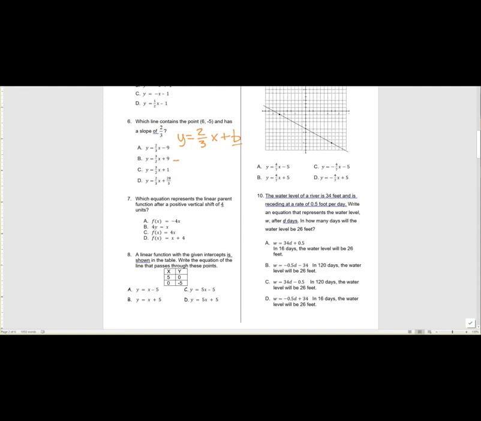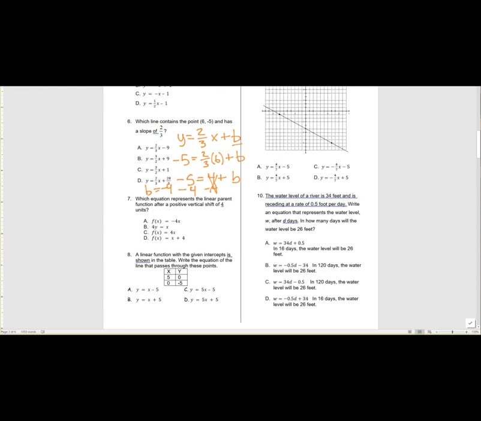So what we can do is plug in a -5 for the y, plug in a 6 for the x, because that is the x coordinate of that point, and solve for b. Okay? So 6 times 2/3, that'd be 4. Subtract 4 on both sides to cancel out the positive 4. And -5 minus 4 will give us a b value of -9.